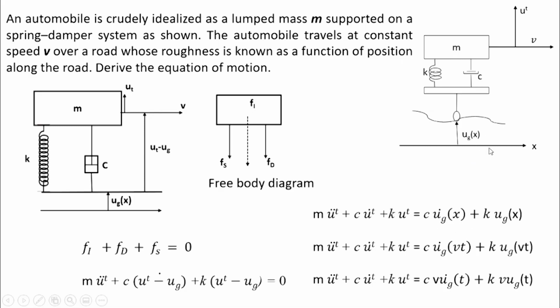And what is x? We know that this automobile is moving with a velocity v. So what will be the position of this vehicle at each instant? That will be the velocity multiplied by the time. So we can replace this variable x by vt, that is velocity multiplied by time.